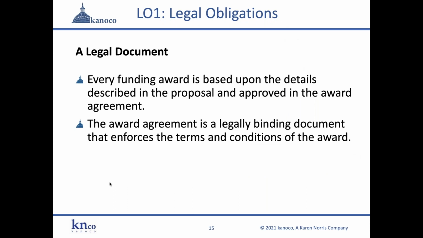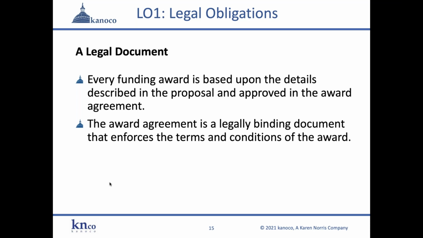So let's talk about the legal obligations now. We start with an award. You receive an award, and in receiving the award, you receive an award agreement. Every funding award is based upon the details that are described in the proposal. This is what we plan to do if we're awarded, and then they're approved in the award agreement.